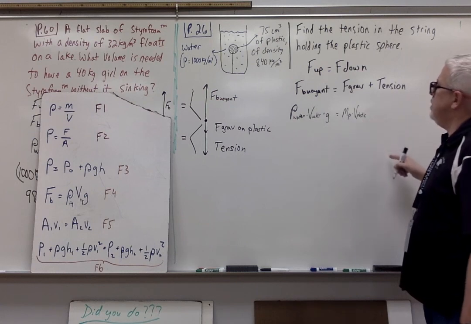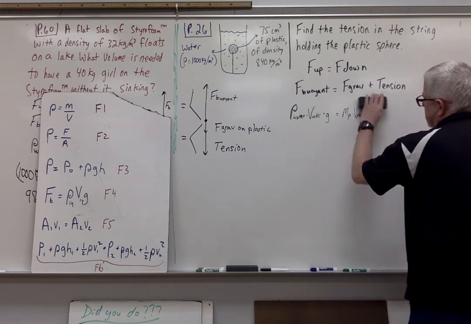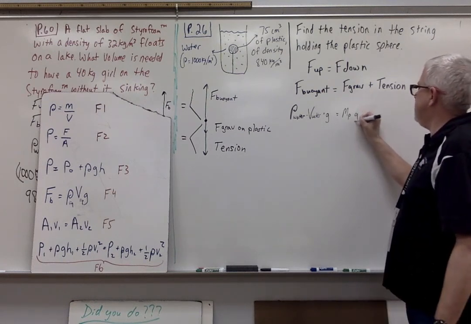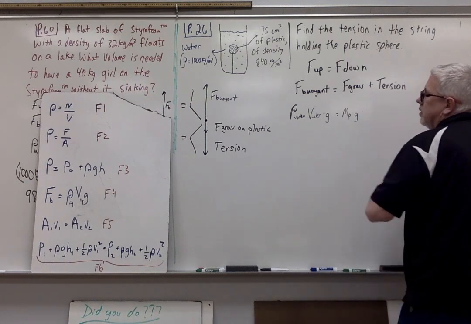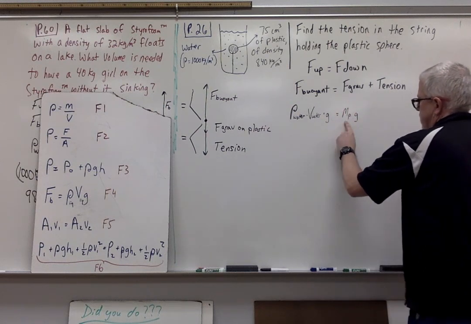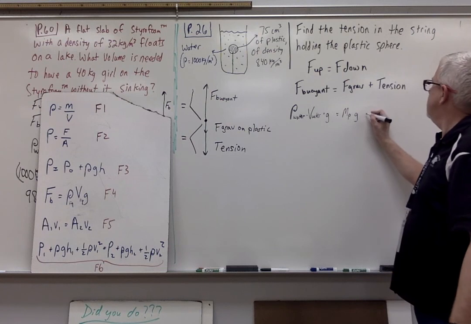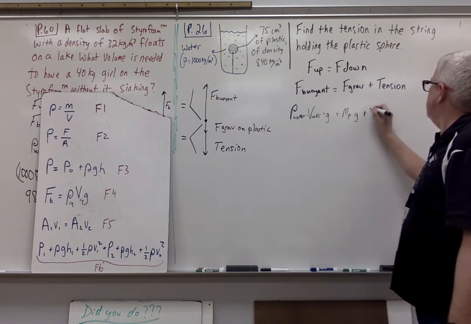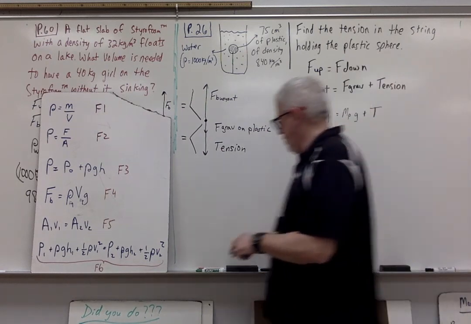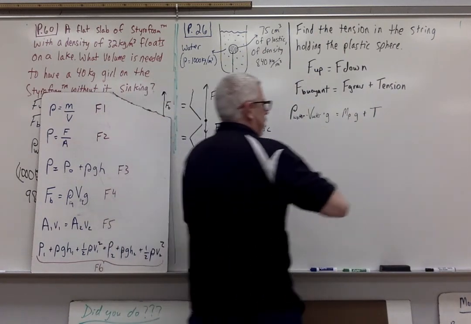Actually, hold on for a minute. Nope, that's just the mass of the plastic times G. Now I'm going to have to get that by figuring out the volume and the density. And that's what I'm trying to find. That tension is the holy grail of the things that I am looking for here.